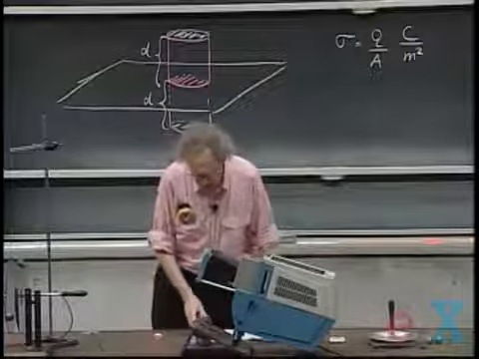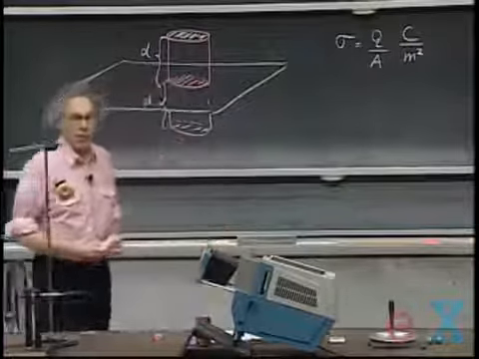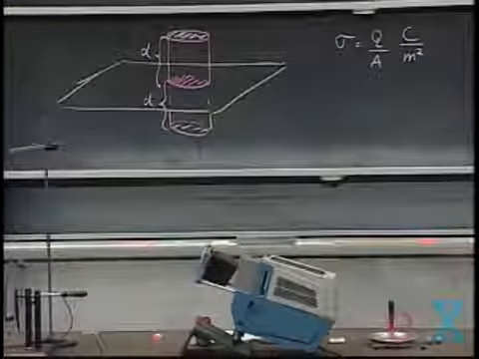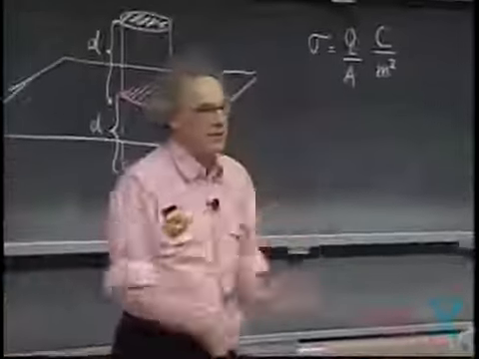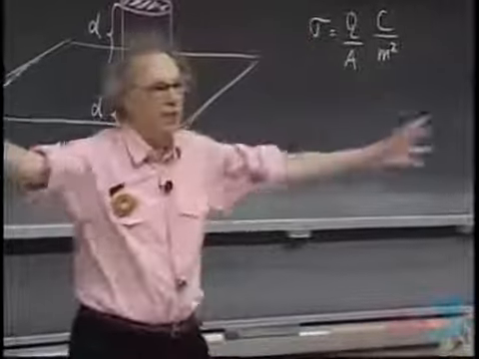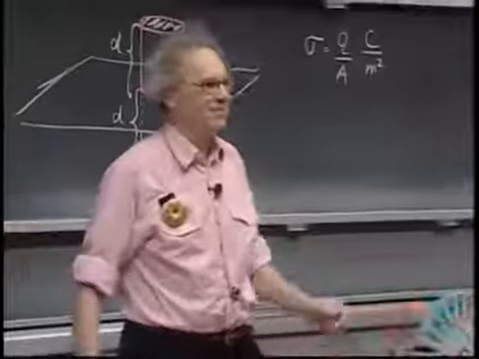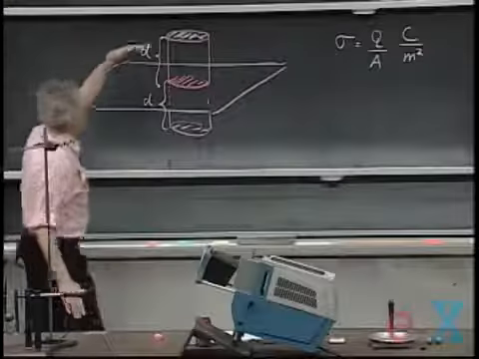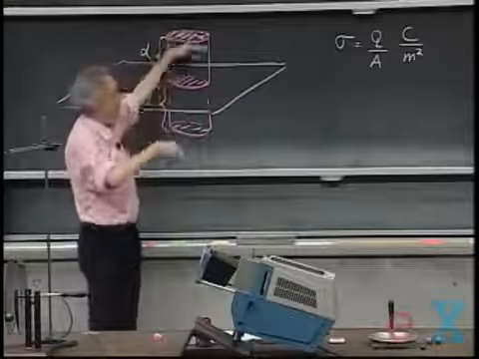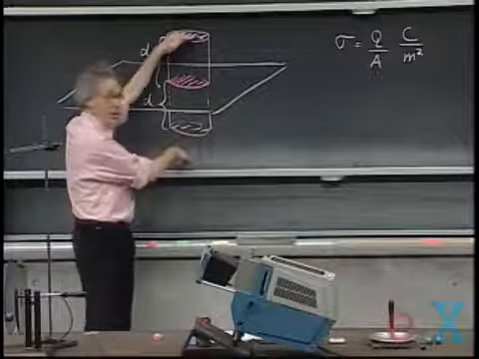If you work this out at home, you will find an amazing result. You will find that the electric flux through these vertical walls is zero. Nothing comes out through the vertical walls. Think about it, why that is. Use symmetry arguments. But something comes out here, or comes in here if it is a negative charge, and something goes out here.